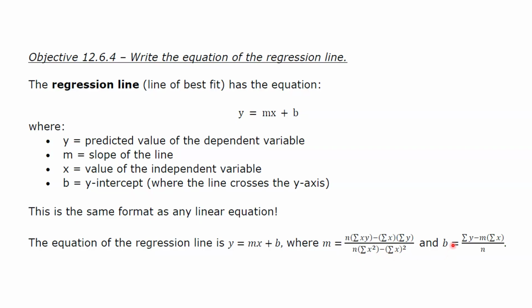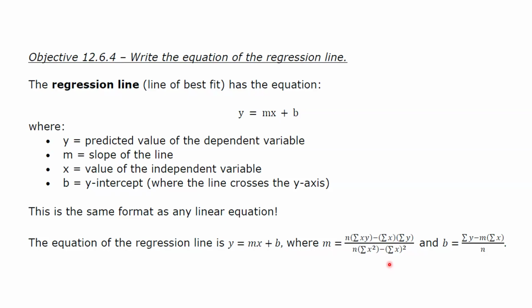The y-intercept b equals the sum of y minus m times the sum of x, all divided by n. Notice that the numerator for the slope formula is exactly the same as the numerator we used when calculating r. So if you've already found r, you've done part of the work.